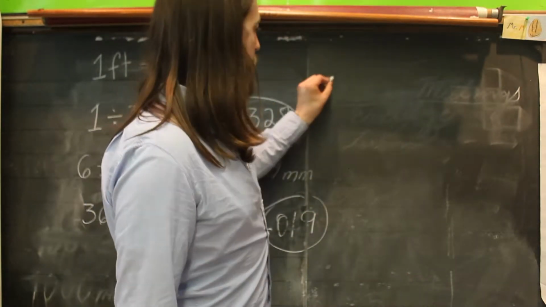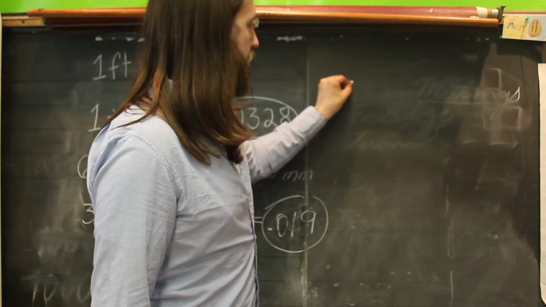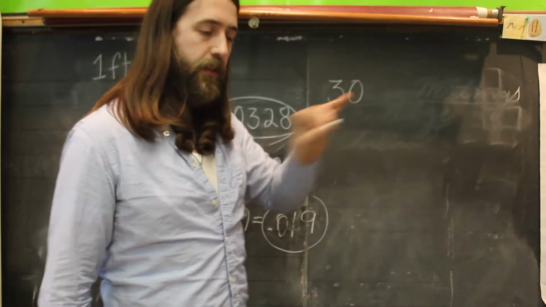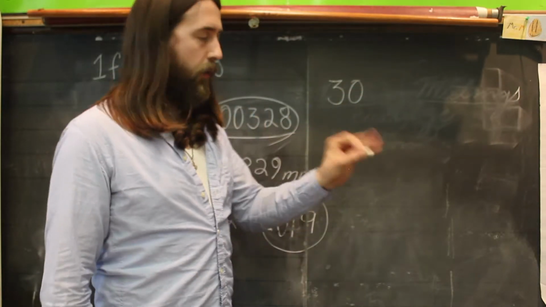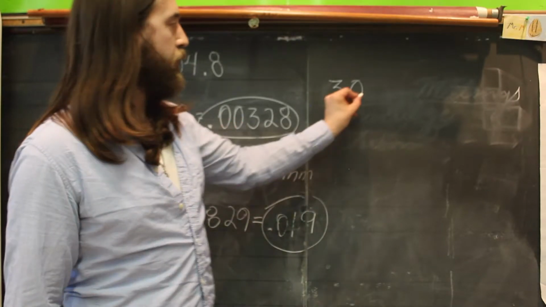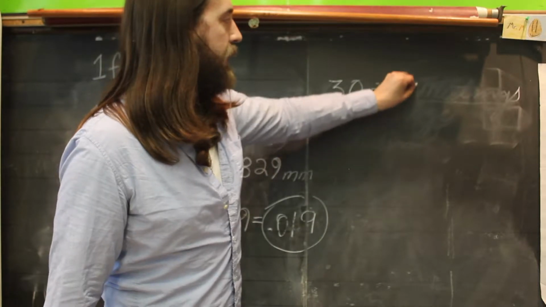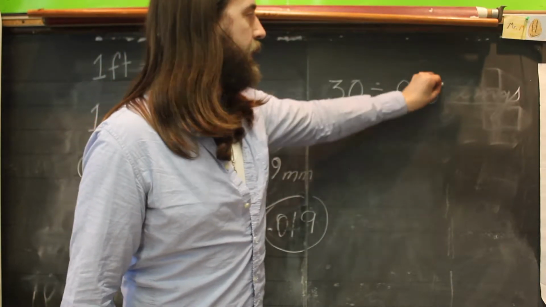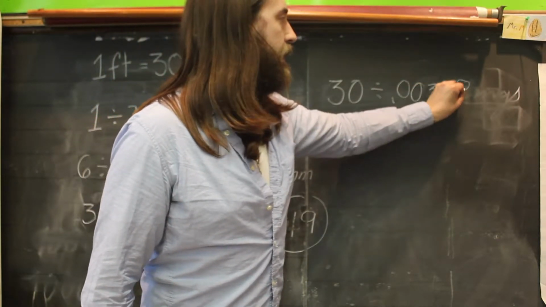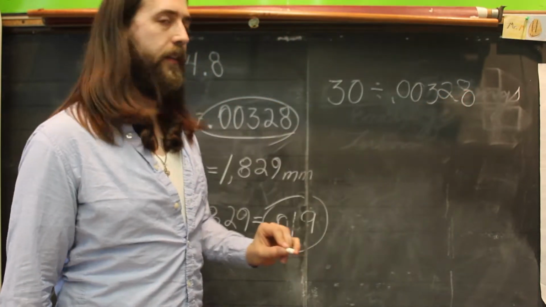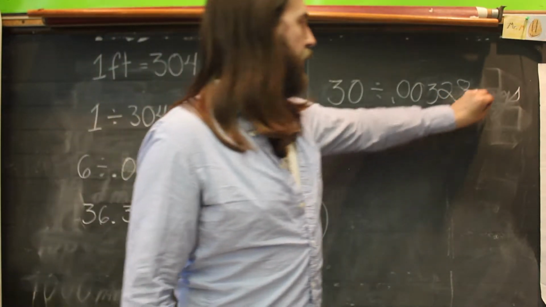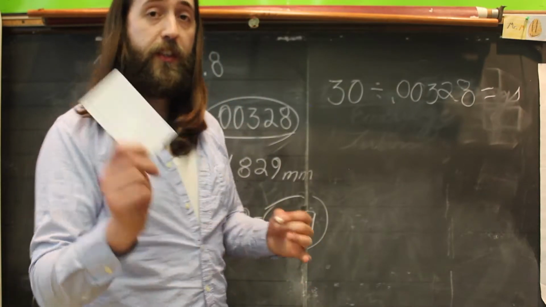And so what I'm going to be doing is I have to first convert the 30 feet to millimeters. In order to do that, I am going to divide that by 328 hundred thousandths. This is much more difficult than it looks. And so that gives us, I'm just going to use my cheat sheets.